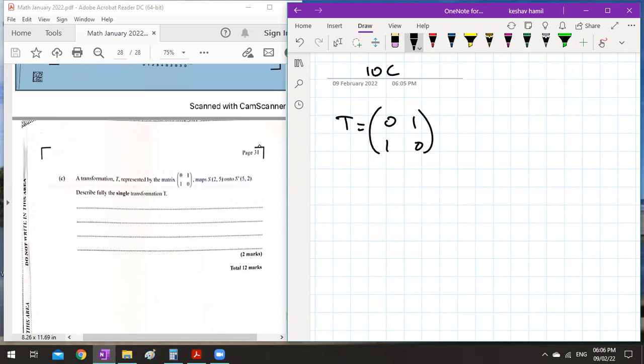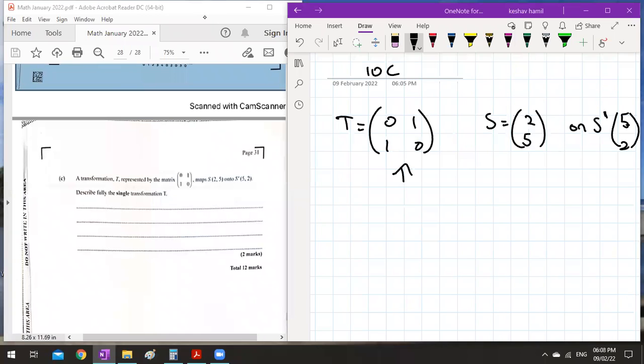It maps S, which is (2, 5), onto S prime, which is (5, 2). Describe fully the single transformation T. So basically, yeah, it asks us to state what kind of transformation that is.